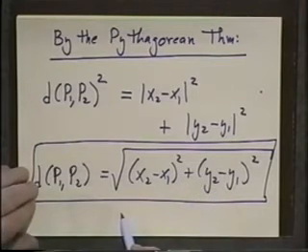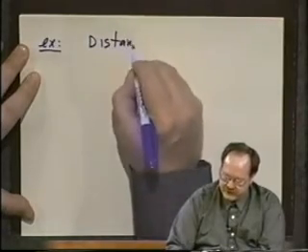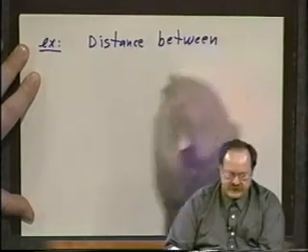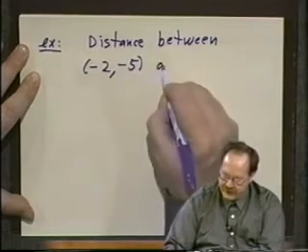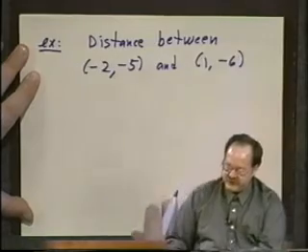So let me illustrate this with a couple of examples. So here's one example. Want to find the distance between these two particular points, -2, -5, and say 1 and -6.